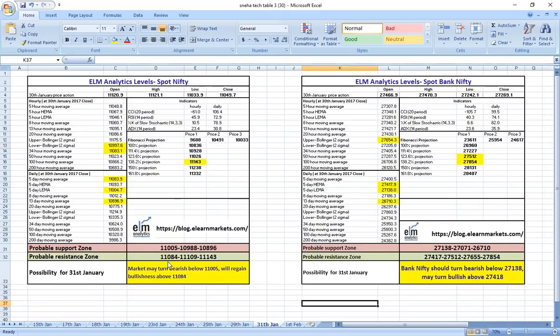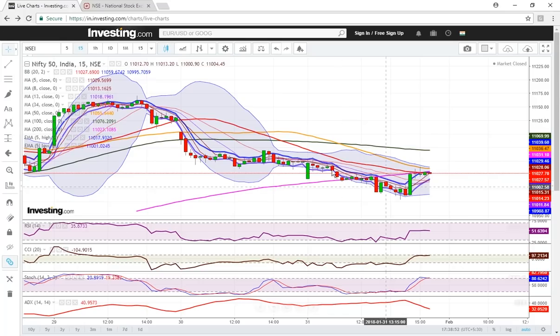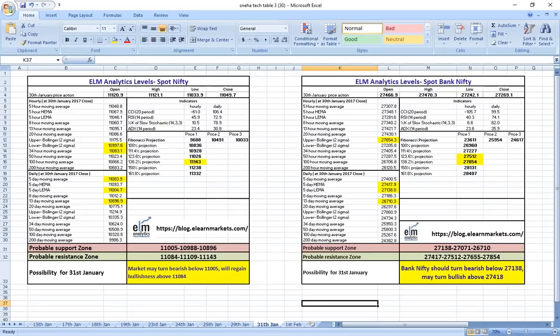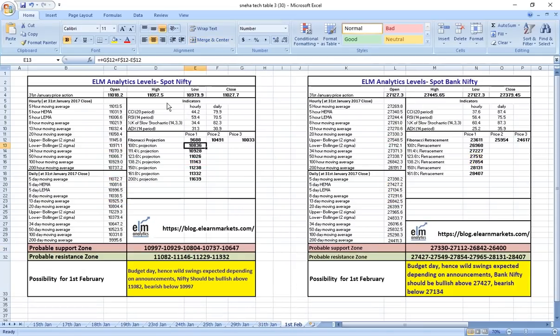So if we can see, for today our resistance level was 11084, so it didn't go to that level actually. It then came down close to the level that we predicted, which was 10988, and today's low was made around 10980.